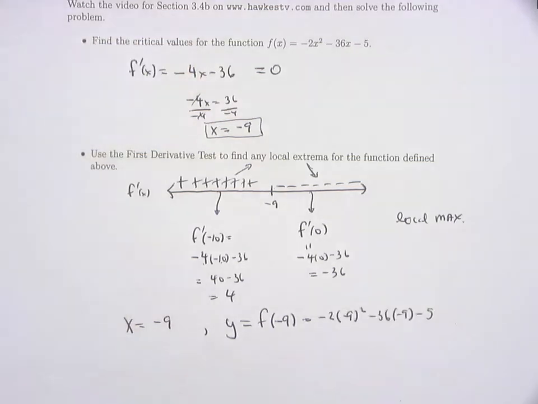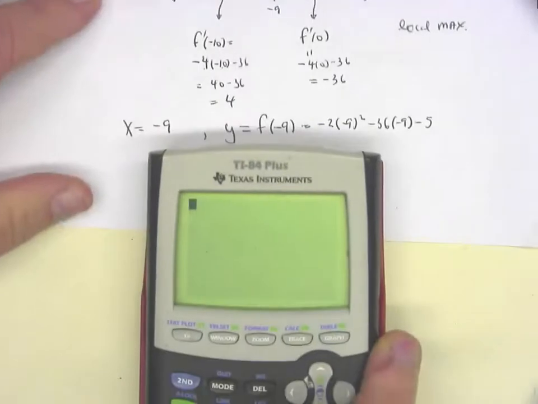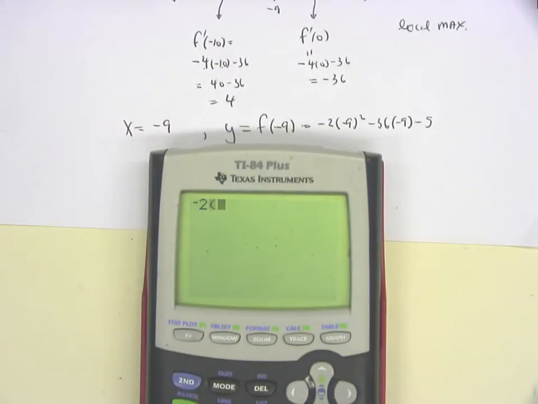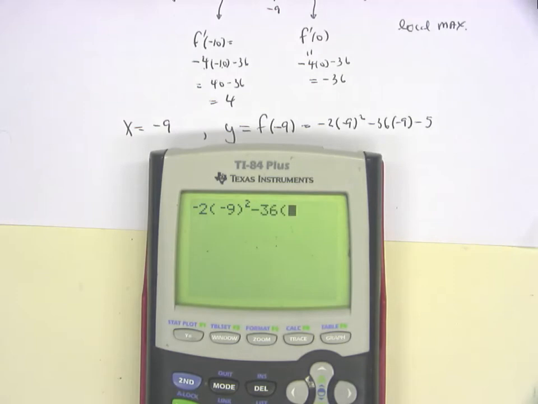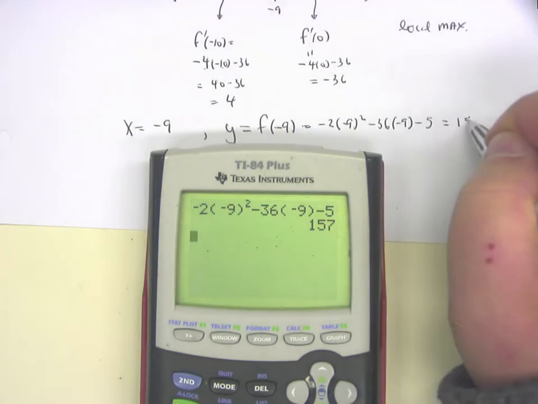Time for the handy-dandy calculator here. Plugging this in, negative 2 times negative 9 squared minus 36 times negative 9 minus 5, and I get 157.